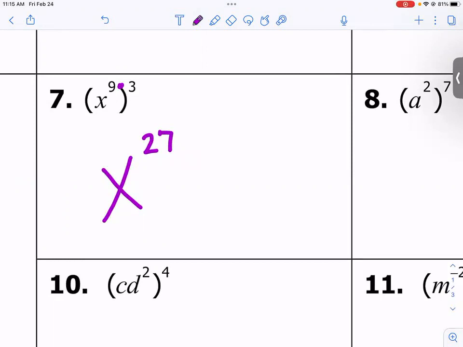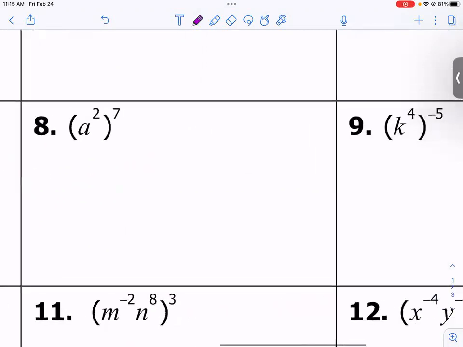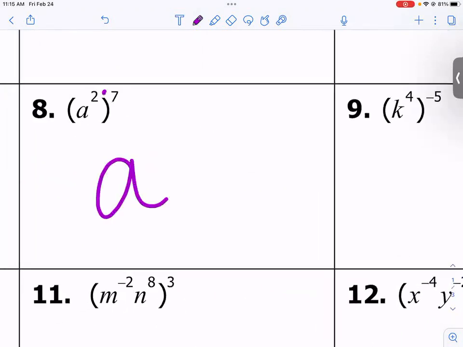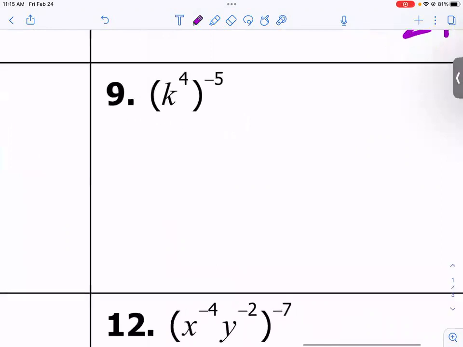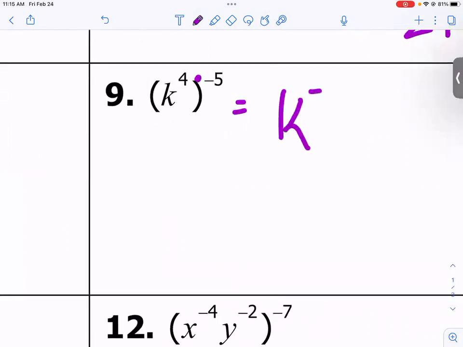Number 8, this is going to be a to the 14th power. And then in number 9, since we have a power to a power, we're going to multiply our exponents to get k to the negative 20. I do expect you to write it as 1 over k to the 20th.